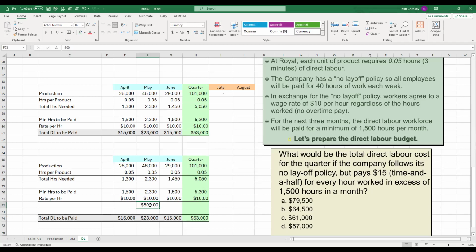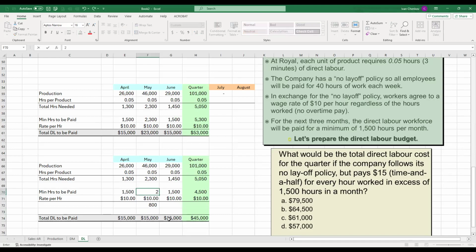Make sense? Shouldn't be $15? Sorry? I thought it's 15. 1,500 first, and then for the excess, yes, $15 per hour.